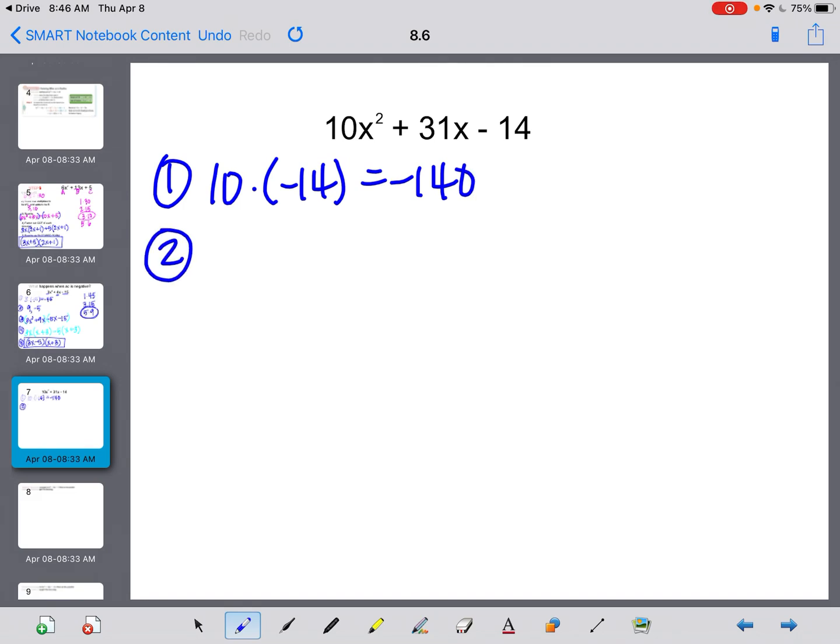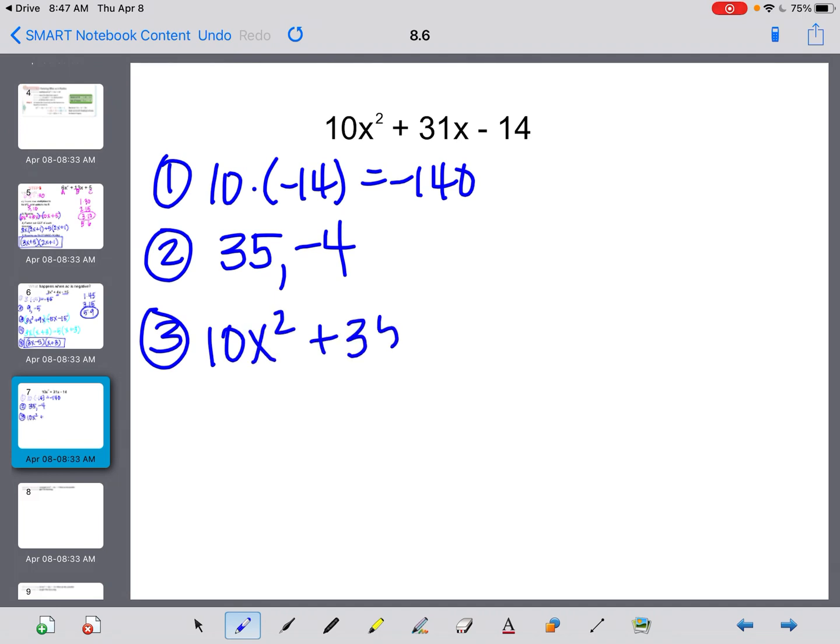All right, if you're back already, I'm just writing out the steps here. If I rewrite it, we have 10x squared plus 35x minus 4x minus 14.